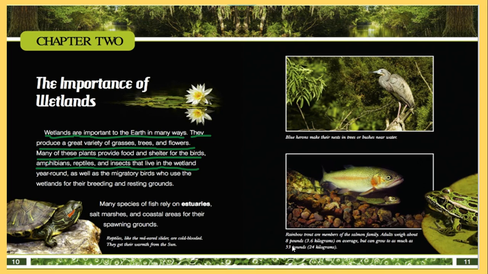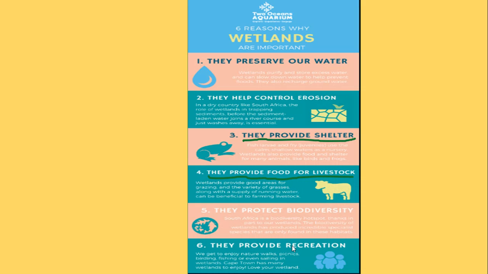Many of these plants provide food and shelter for the birds, amphibians, reptiles, and insects that live in the wetland. Well, guess what? I see that the fact sheet talks about the very same thing. It too mentions that wetlands provide shelter and they provide food for animals.